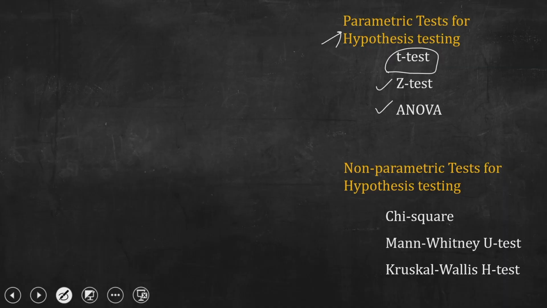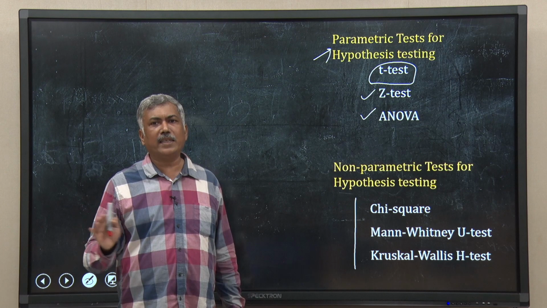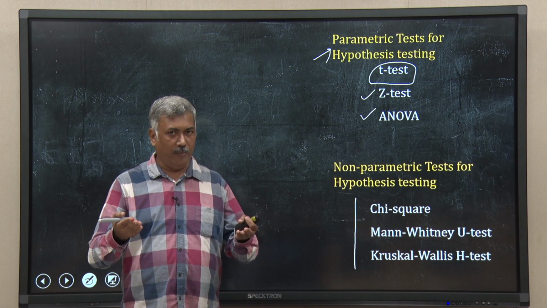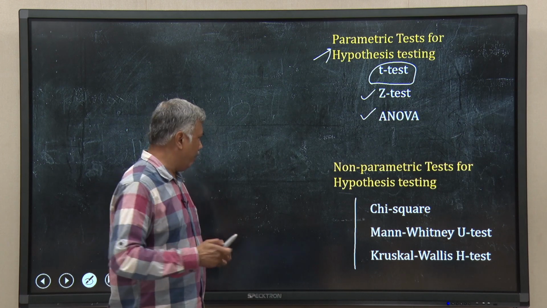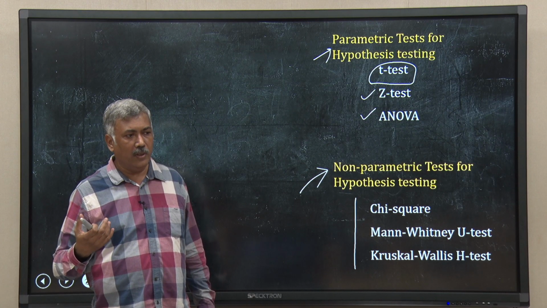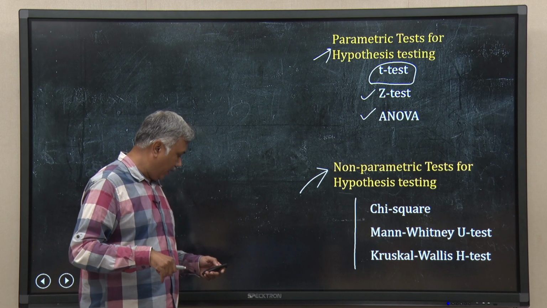Whereas, there are certain other hypothesis tests like the Mann-Whitney test, where you do not make any explicit assumption about the population distribution behind your sample. Those are called non-parametric, and they are very useful many times when the population you are dealing with may not be normally distributed.